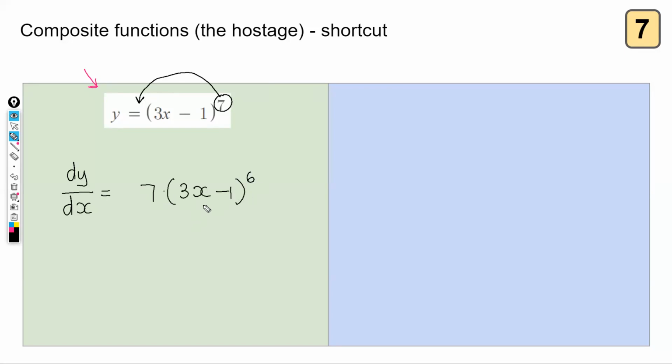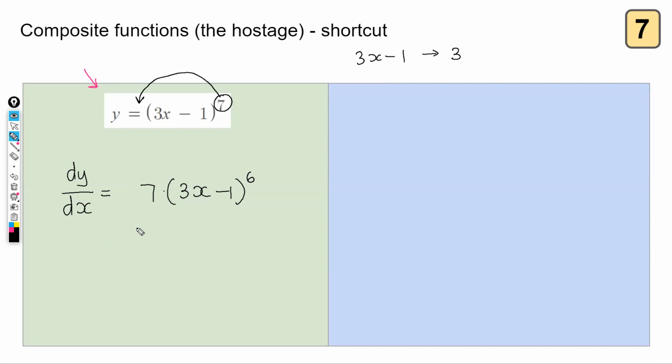But there's one additional rule. You have to differentiate whatever is in the brackets, and whatever you get, throw it outside. So if you differentiate this, and you should be able to do this in your head now, when you differentiate 3x minus 1, won't you just get 3? Because the 1 will give you nothing. Whatever you get, throw it outside as well.